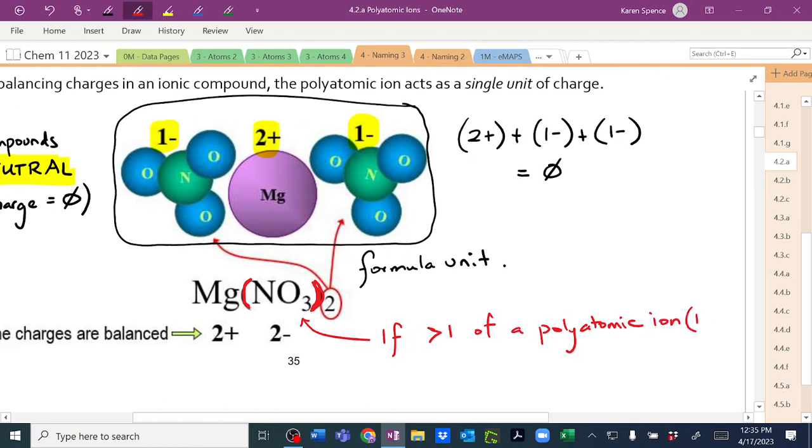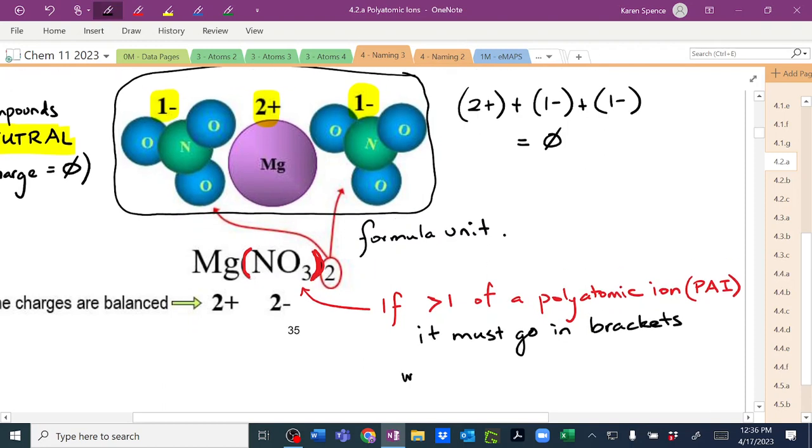And I'm going to start abbreviating polyatomic ion as PAI because polyatomic ion is really long to write. Okay, so if we have more than one of a polyatomic ion, it must go in brackets with the number on the outside. Subscript on the outside.